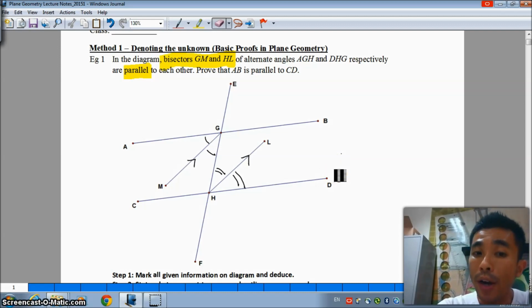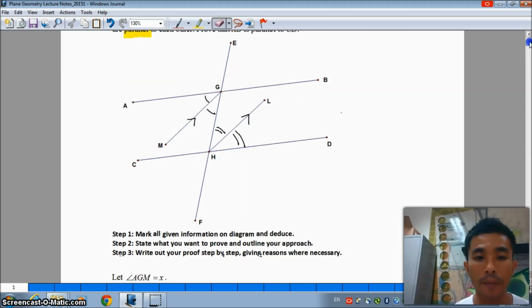With reference to the diagram, you can see very clearly I would like to prove, based on whatever is given, that most likely AGH could be the same as GHD, being alternate angles, and we are done with it. How do we do that?